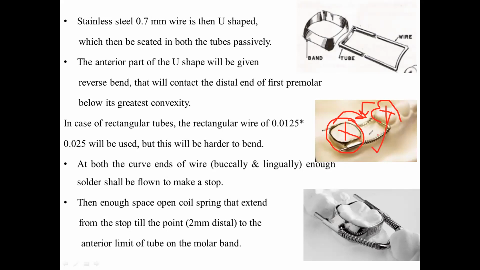This coil is given. The coil is a spring. This is a spring coil, and that coil prevents the distalization or the mesial drifting of the molar, as well as the distal drifting of the first deciduous molar, as well as the first premolar, into the empty space.